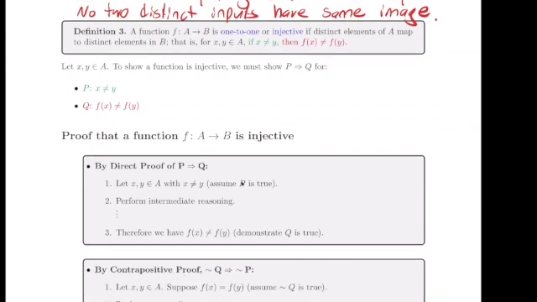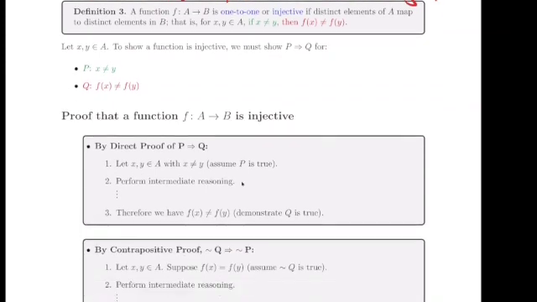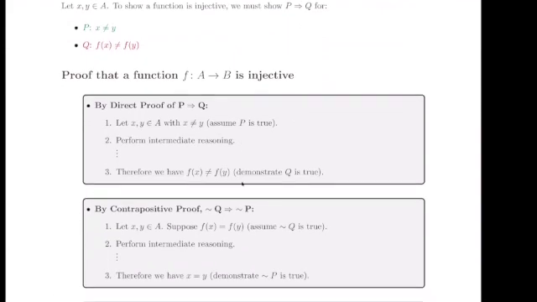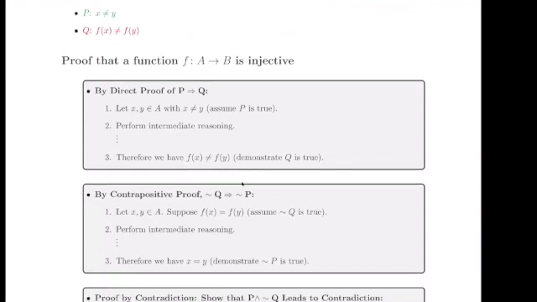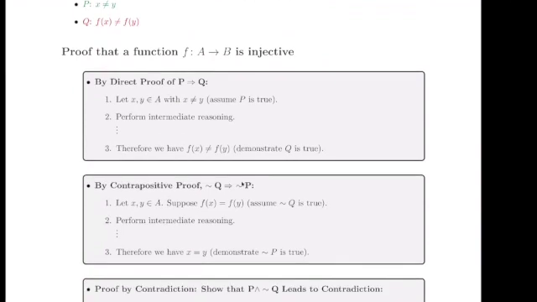So we have three proof techniques that we've been thinking about. We can use any one of them to prove that a map is injective. If we were using direct proof, we would start by supposing P is true, suppose that we have two elements in our domain that are not equal to each other. And then ultimately what we'd like to show is that therefore their outputs are not equal to each other.